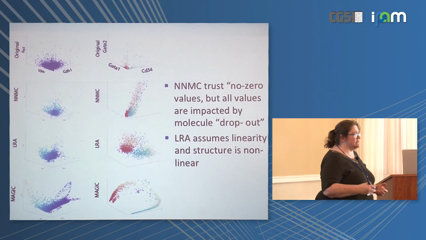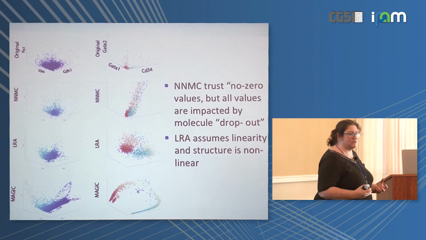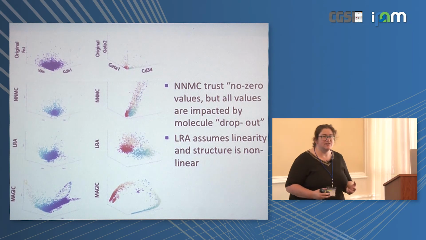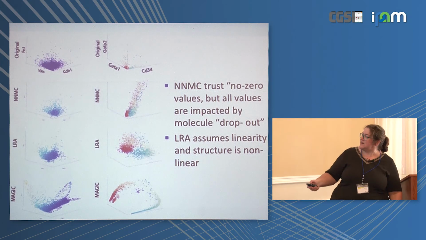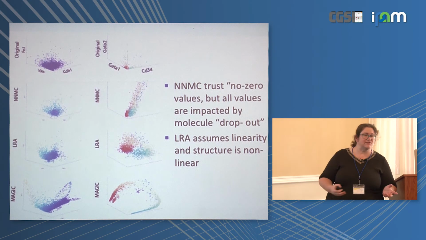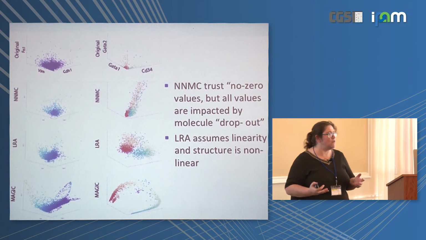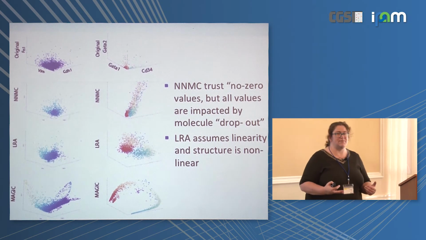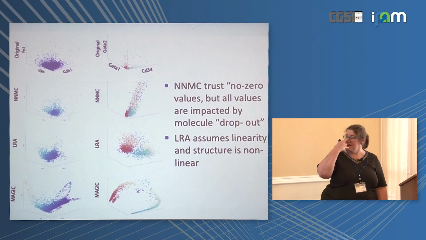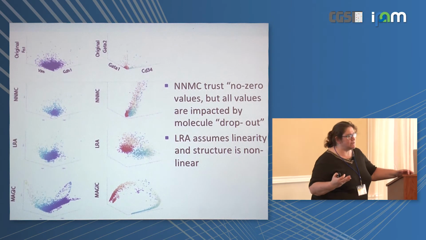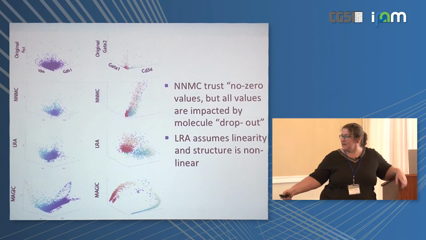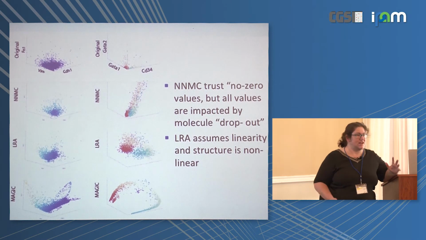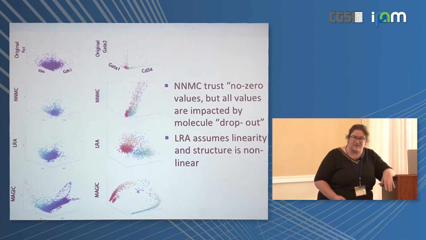Every single value is missing more counts, and we can't just try to fill in those missing zeros, and we can't take methods for machine learning that do that. LRA is actually very similar in many ways to what we do, except LRA assumes linearity, and these single cell phenotypes, the shapes that I showed you earlier, are anything but linear. The assumption of linearity completely breaks in this data.